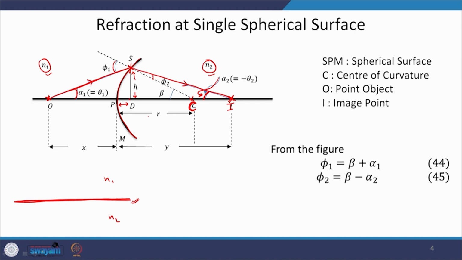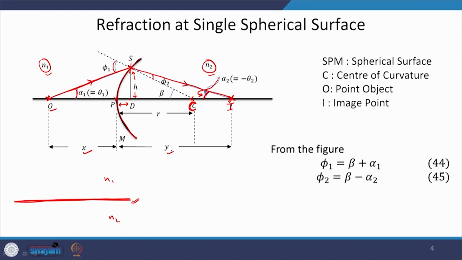We also assume that object point O is at a distance x from the spherical surface, and these distances are measured from point P. Similarly, the image point is at a distance y from point P. These are the definitions which are given.